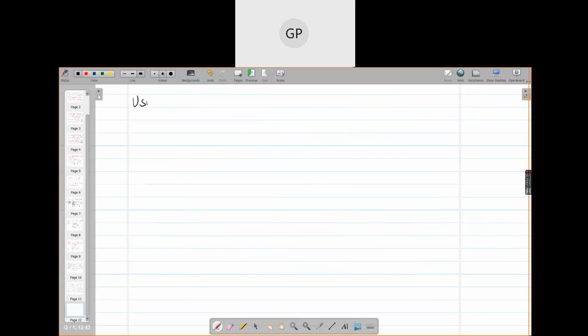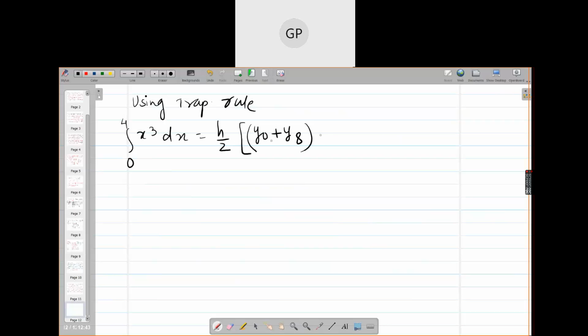So using trapezoidal rule, integration 0 to 4 of x cube dx is equal to h by 2 into bracket y0 plus y8, the first and the last, plus 2 times y1 plus y2 plus up to y7. Correct. The h value is 0.5 upon 2.